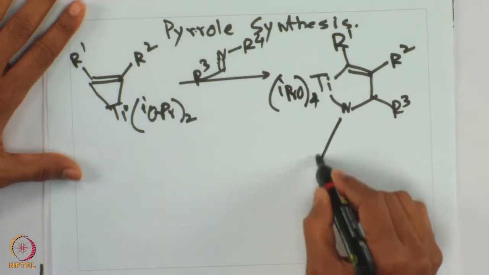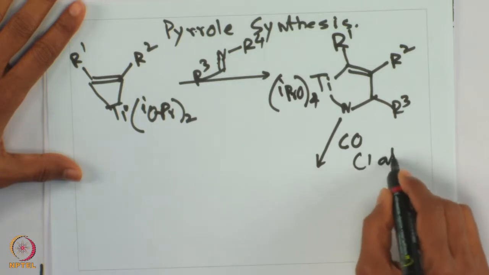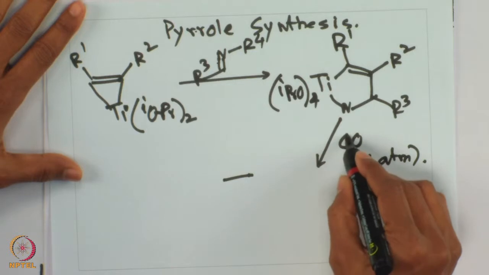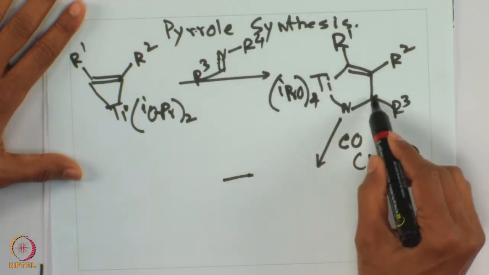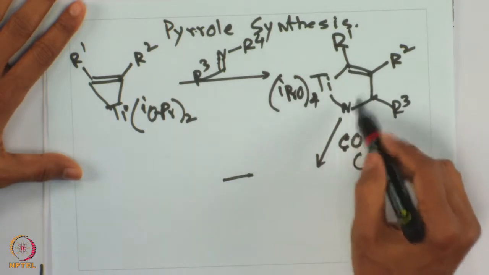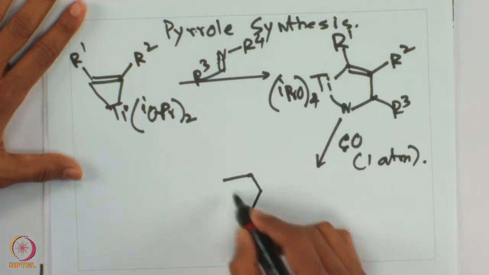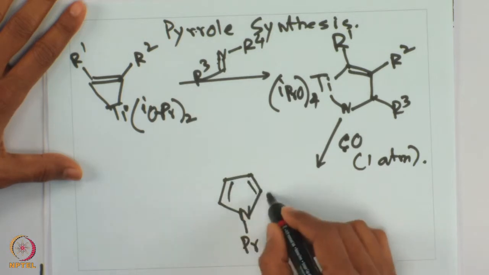reagent. Subsequently, if we are reacting with carbon monoxide, under 1 atmosphere carbon monoxide, this carbon unit will be incorporated over here. So, overall we have 1, 2, 3 carbon, another carbon from this carbon monoxide, and upon further rearrangement we will see the pyrrole ring formation is going on quite well for these reactions.